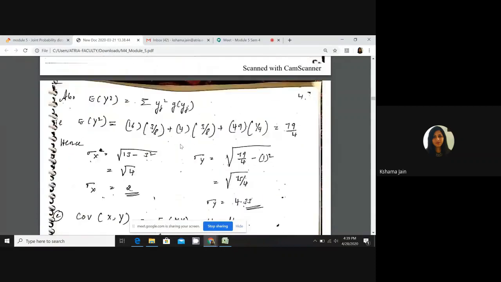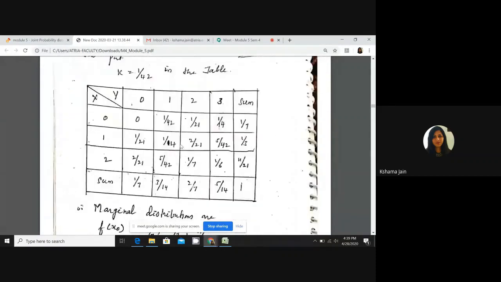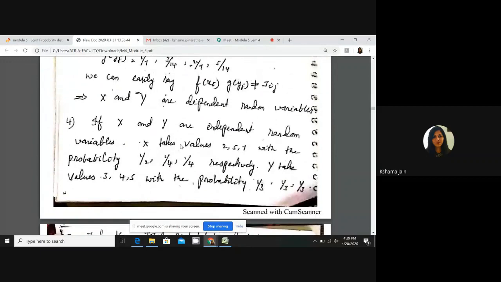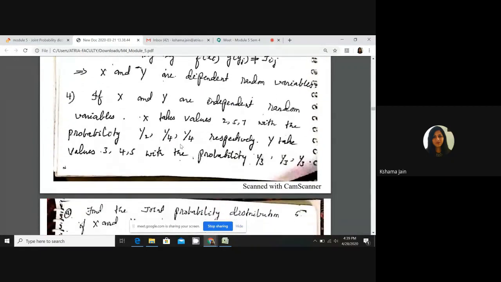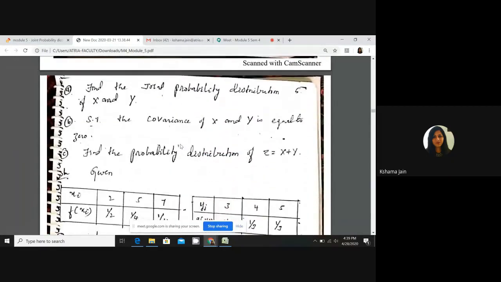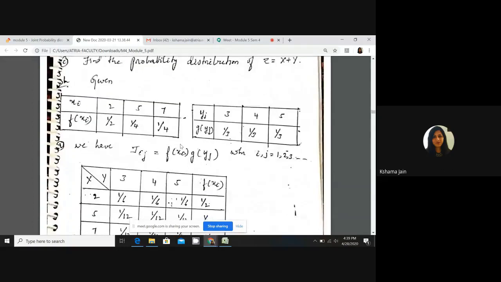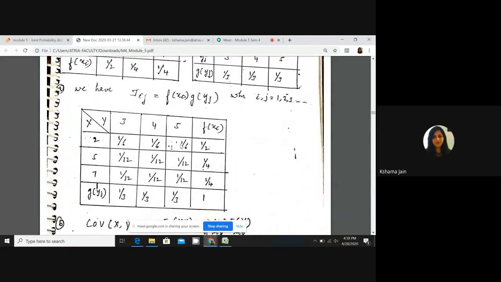Let me check which question I should take of this same kind, because it is better to explain the same kind of problems together.